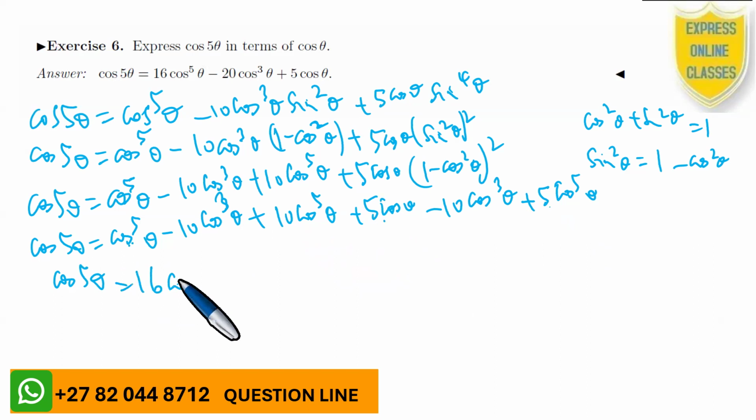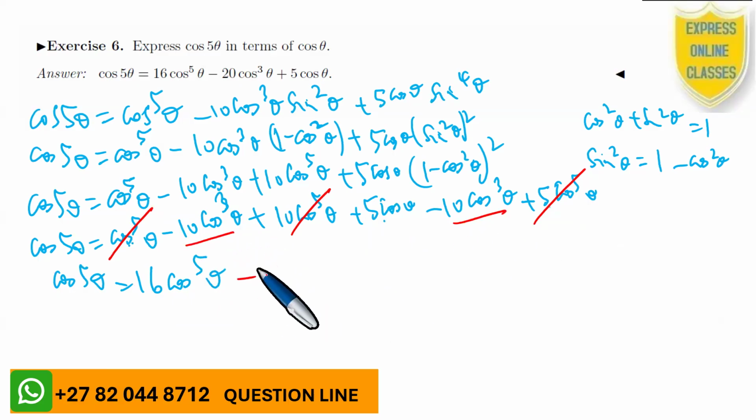So you have 16 cosine to the 5th power of theta. We're done with this. Then the cubed: minus 10 is actually minus 20 cosine cubed theta plus 5 cosine theta. Then now you would actually therefore take the following.